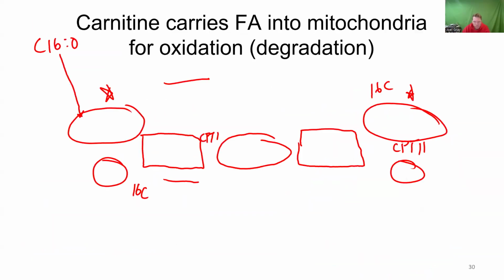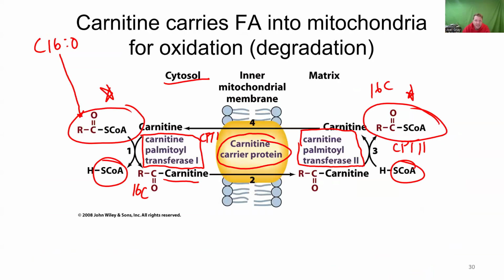Okay, so at this point, whenever we took that fatty acid chain and put it onto a coenzyme A to make our acetyl-CoA, which we see right here, we are still in the cytosol. Our process of extracting energy from a fatty acid is going to take place in the mitochondria, commonly known as the mitochondrial matrix. So fat breakdown, think about that as taking place in the mitochondria.